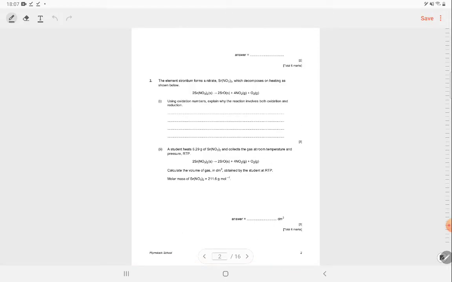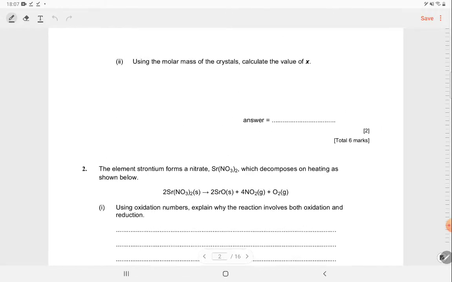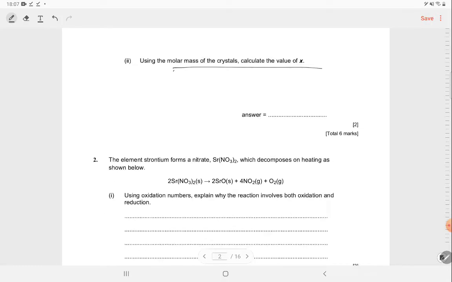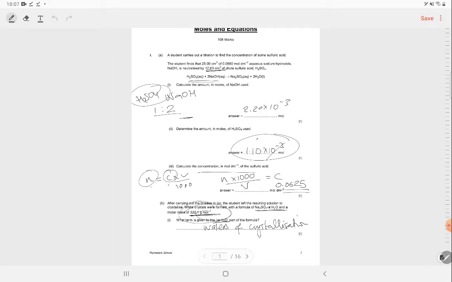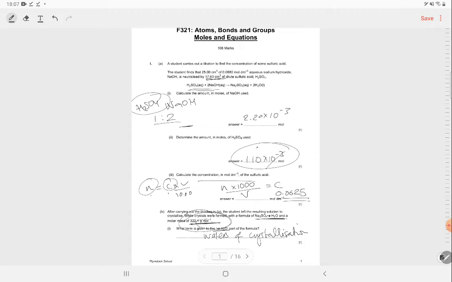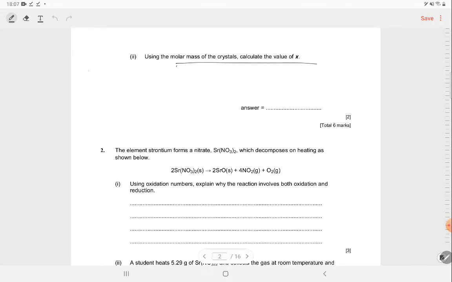So that's your second part. Now it says using the molar mass of the crystals, calculate the value of X. They've given us the 322.1.